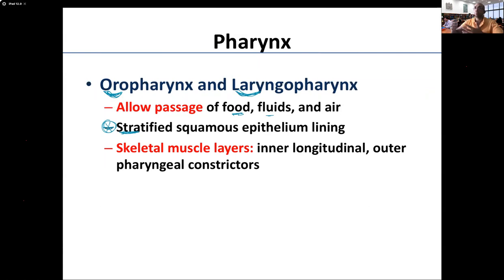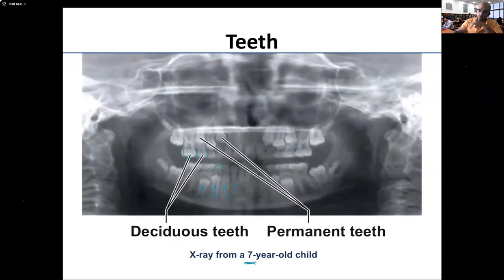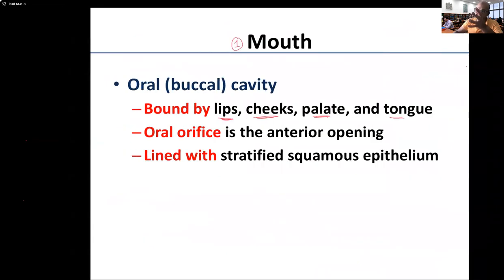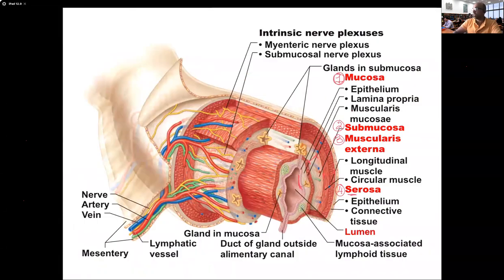Do you remember how many muscle layers, generally speaking, are going to be located in the wall of the gastrointestinal tube? How many layers of muscles that you've seen in this general diagram? And I told you this is a very general rule. And we're going to see exceptions for this general rule as we keep studying the different parts of the gastrointestinal tract.